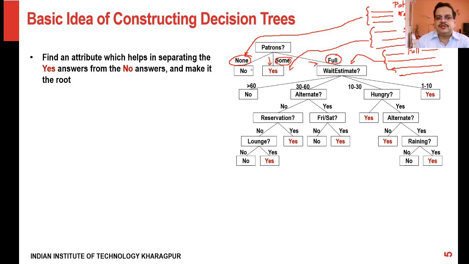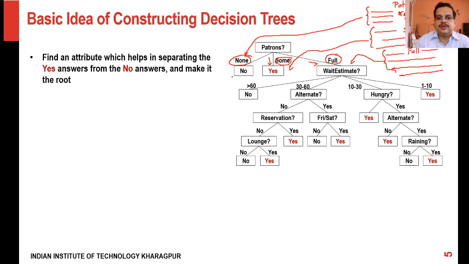Now for these, as we shall see in the data, all of the entries here, the decision was no. And for the some cases, for the ones where patrons is some, everywhere we have yes.